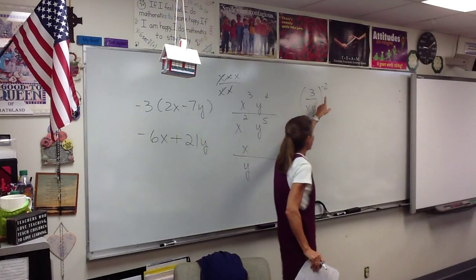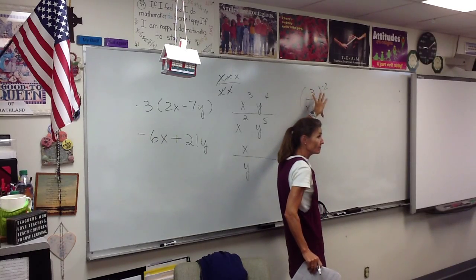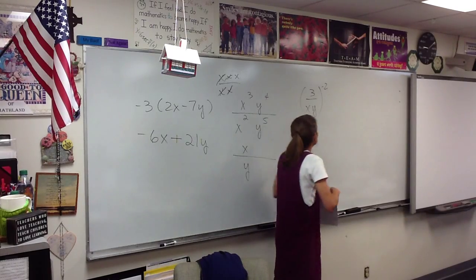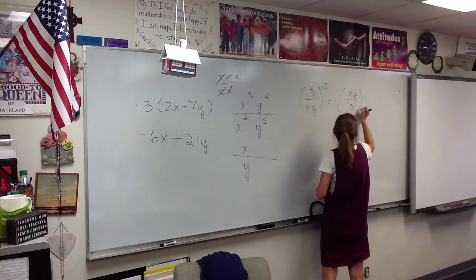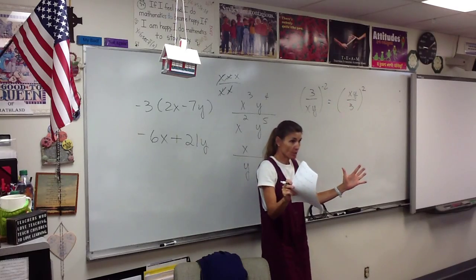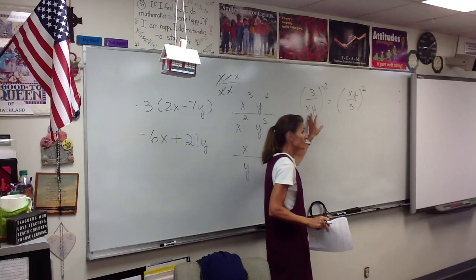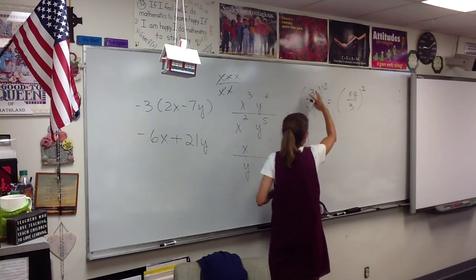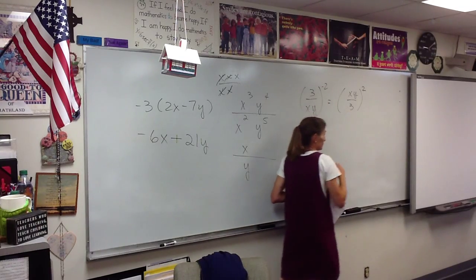If you have a negative on the whole fraction, it's simply going to turn the fraction over. So this is automatically going to become this. Now that negative is not just on the 3, it's not just on the x and the y, it's on the whole fraction. So when you have a negative on the whole fraction, it flips the fraction over.